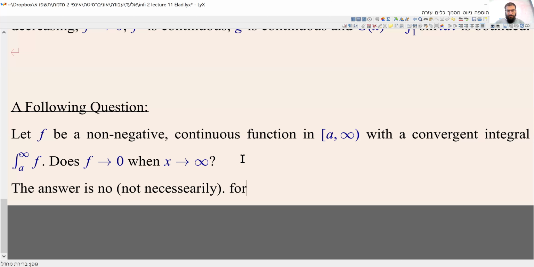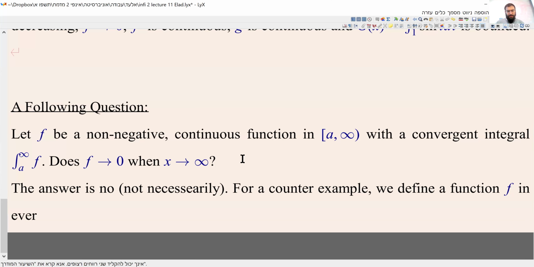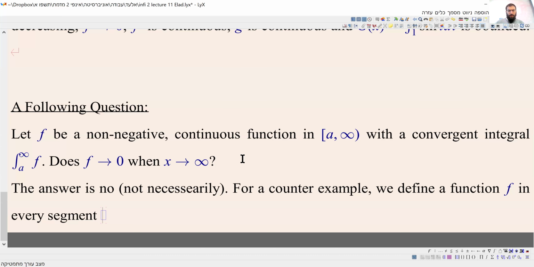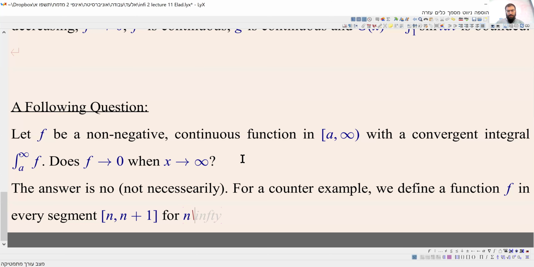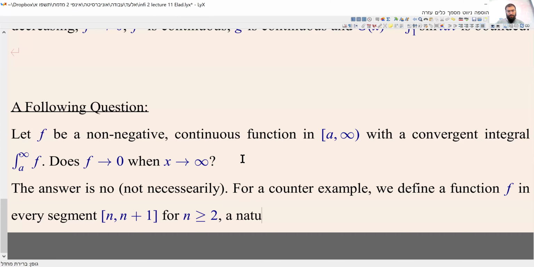For a counterexample, we define a function f in every segment from n to n plus 1, for n greater than or equal to 2, a natural number.